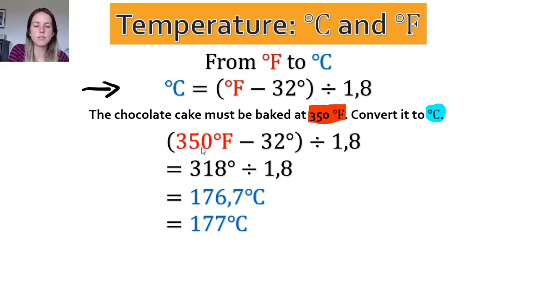So 350 minus 32 gives me 318 degrees. Then I'm going to divide it by 1.8 and I get 176.7 degrees Celsius. And if I'm going to round it off to the nearest whole number, then I get 177 degrees Celsius. Please write this in your book.